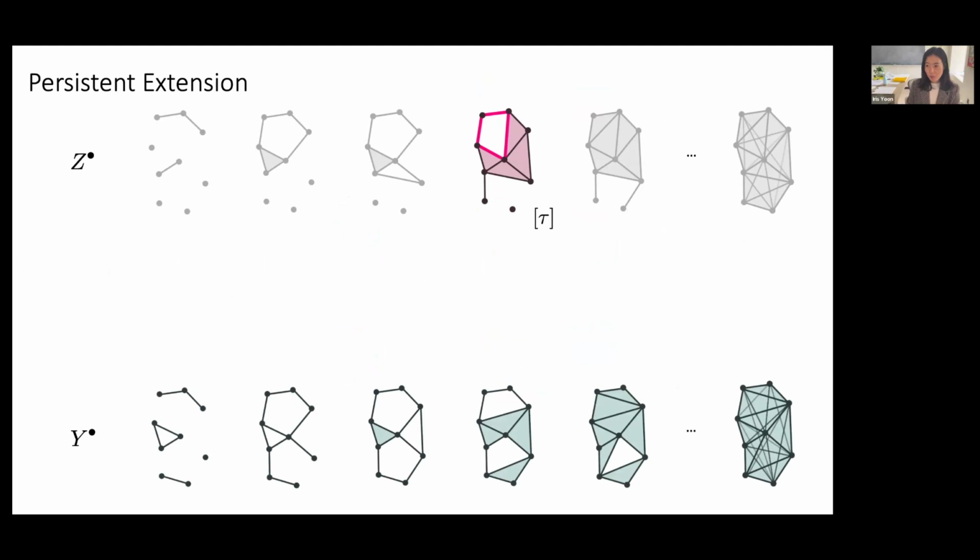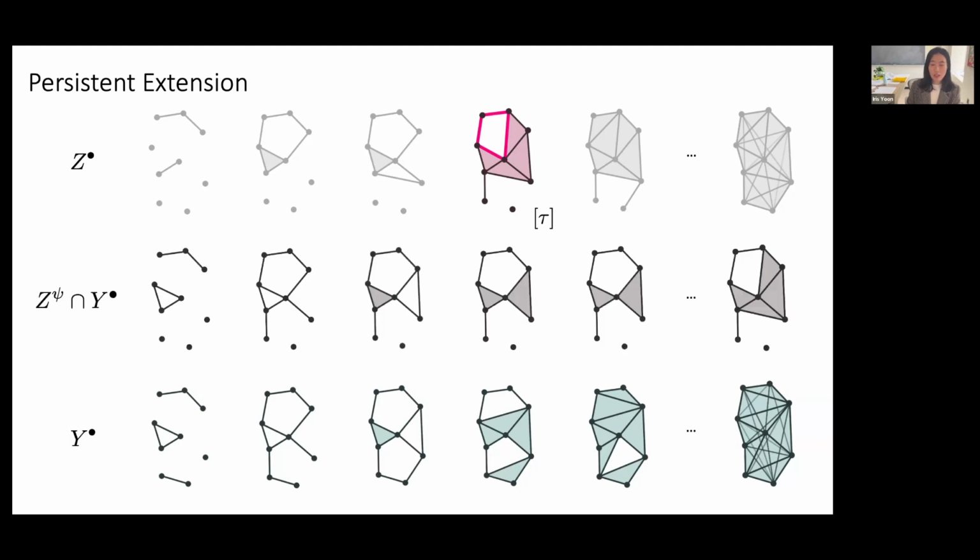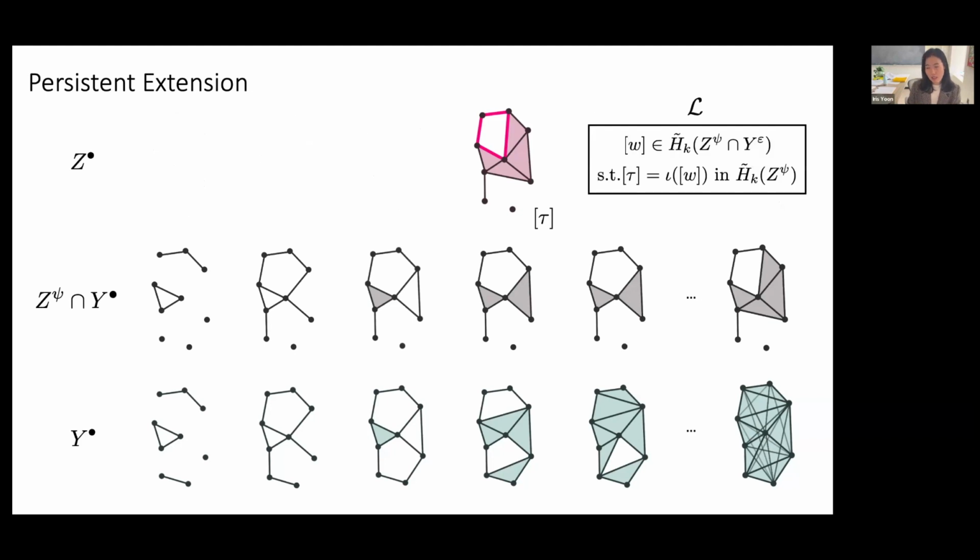And the naive way to go about this would then be, okay, for every single parameter on the bottom filtration, I can try to build this intersected complex and then solve my linear system of equations at every single parameter. But that would be infeasible because I would have too many parameters to check.